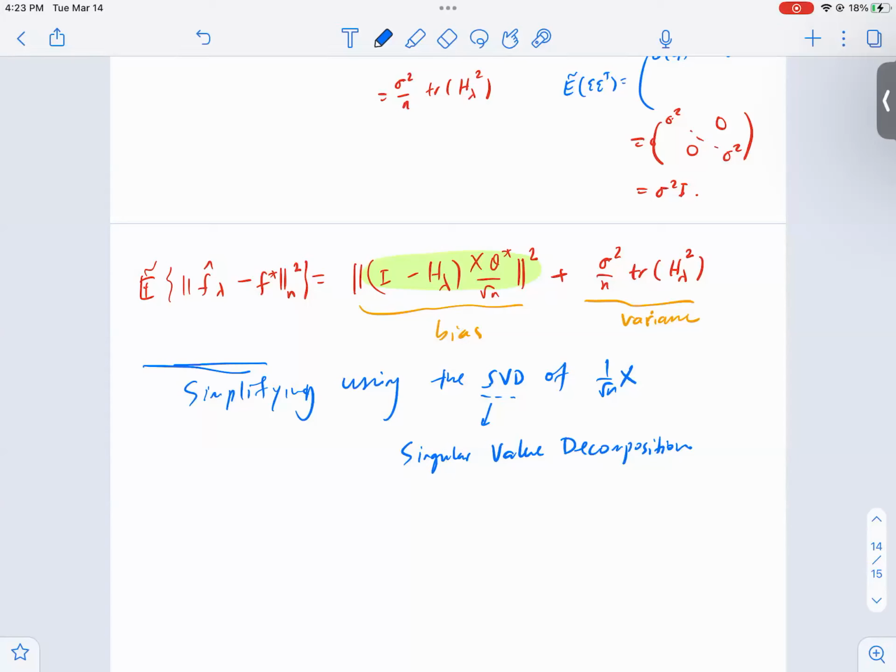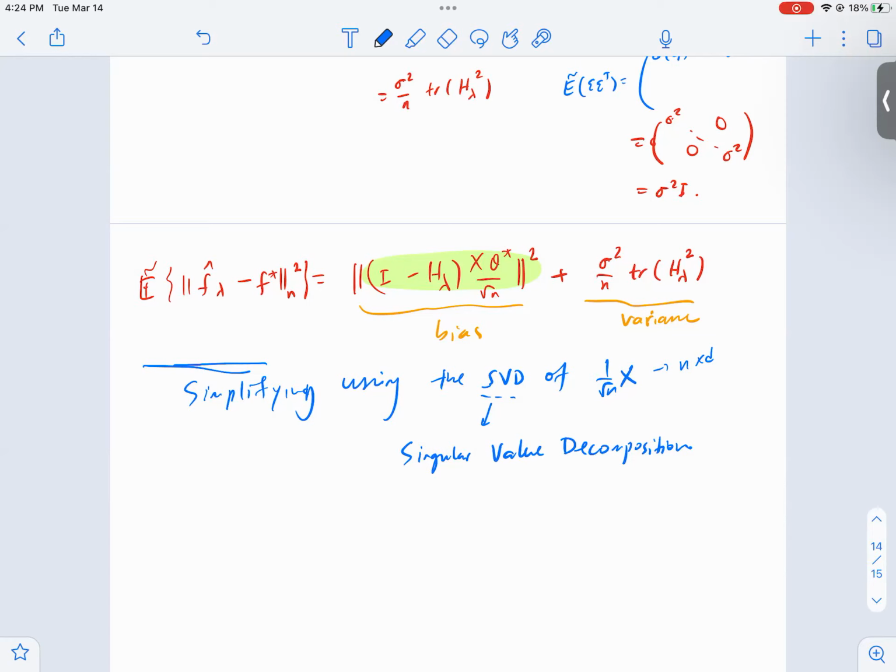So this is based on singular values and singular vectors. These are equivalent versions of eigenvalues and eigenvectors for rectangular matrices. This matrix X is N by D. It's not symmetric, so the natural thing to talk about is singular values.